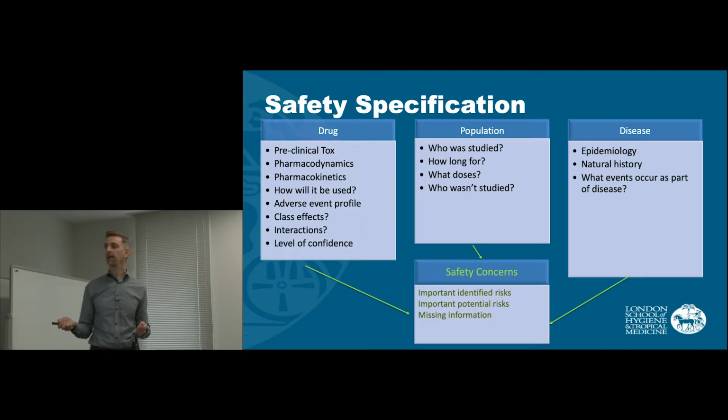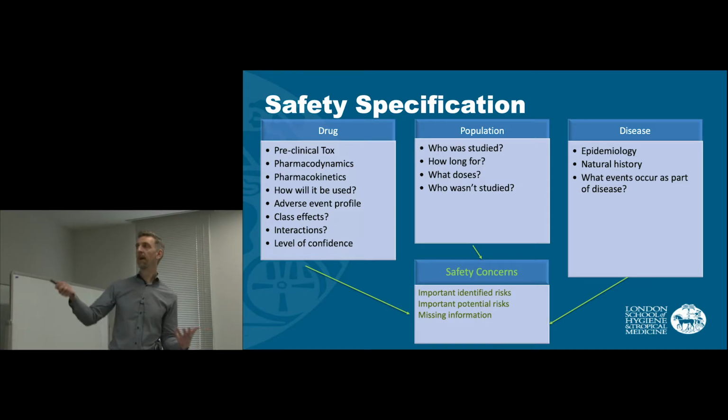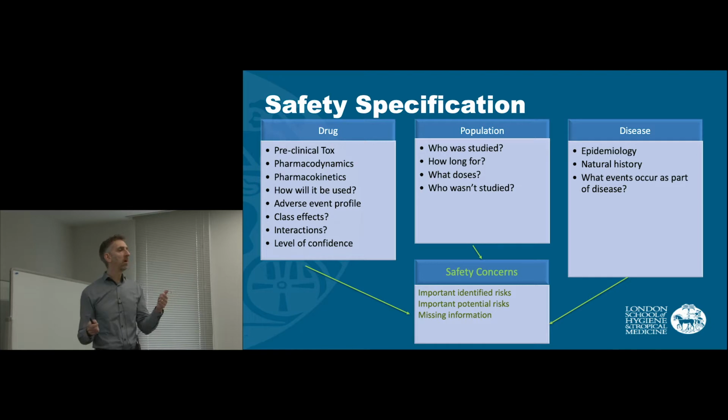And then finally, we have missing information. This is important missing information that, based on all of this, we might say we really need to know what happens to people who've taken the treatment for more than 2 years because we think maybe there's a chance that it could cause a cancer.